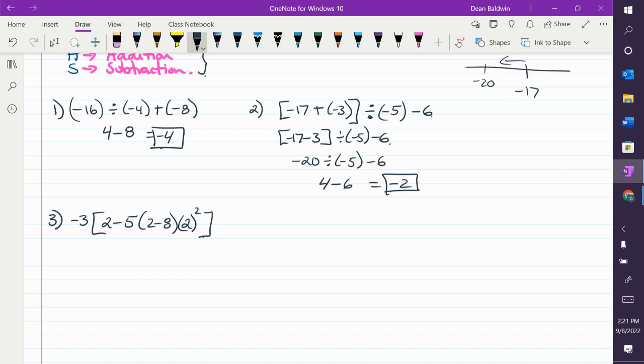Because it means 2 times 2. You've done exponents, right? Yeah. So I get 2 minus 5, 2 minus 8, and then that becomes a 4. All right, is there anything else in there that we should do?